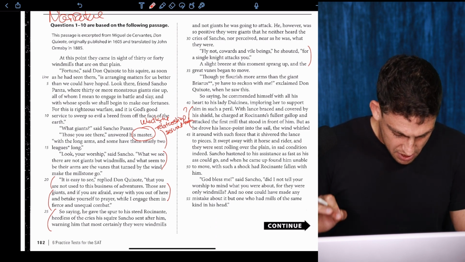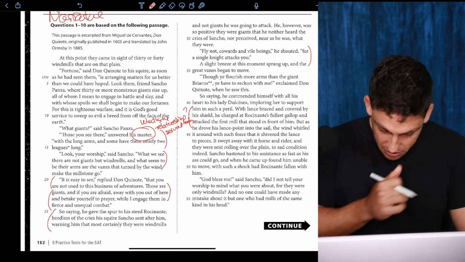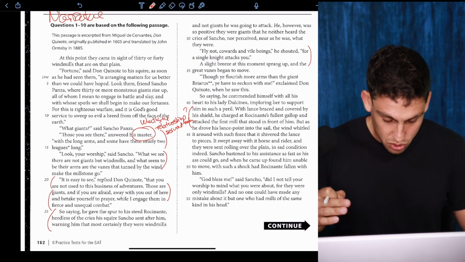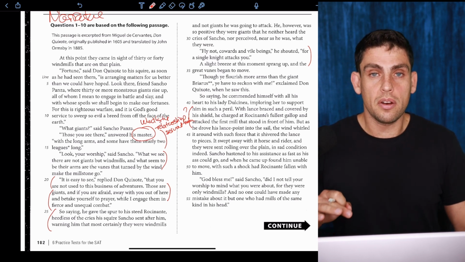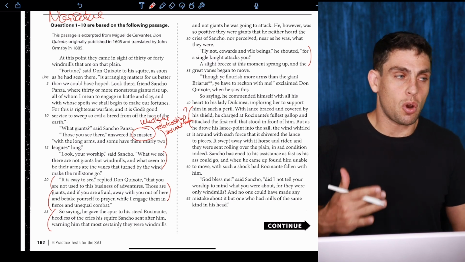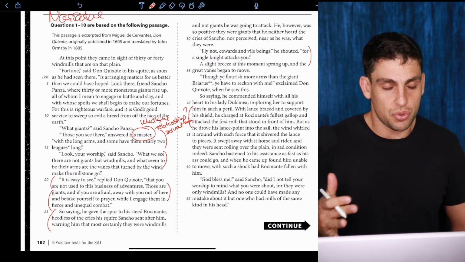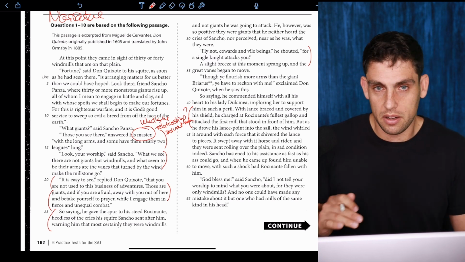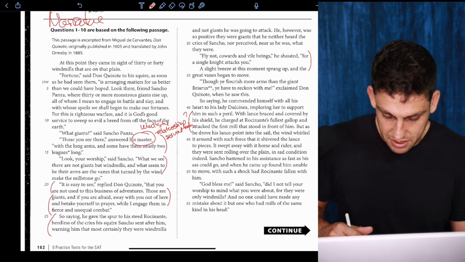Sancho was warning Don Quixote, basically almost begging him, crying out, please don't do this, you're just going to get hurt. You can't attack a bunch of windmills. It doesn't make any sense.